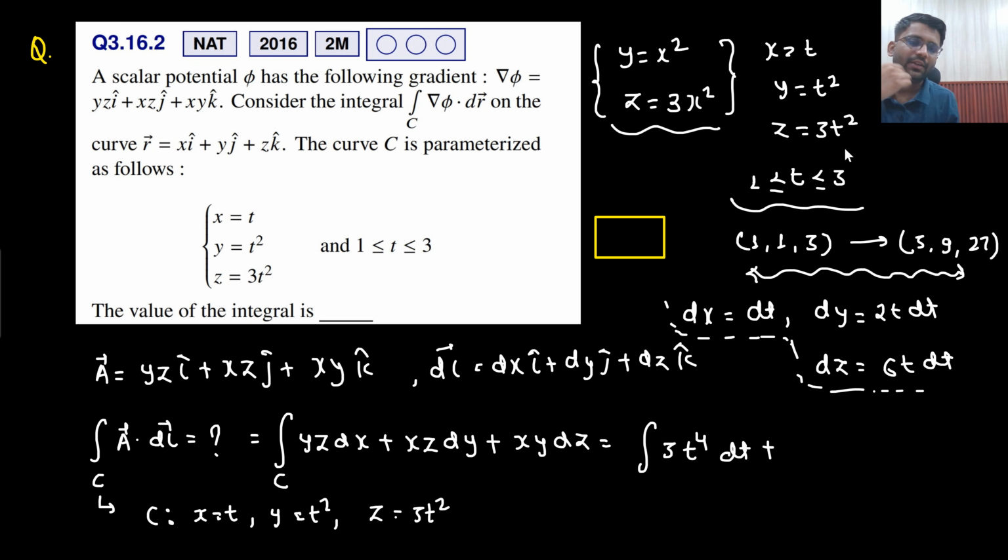Plus x into z, which is 3t to the power 3, multiplied with dy, and dy is 2t dt. Plus xy, which is t cube, multiplied with dz, and dz is 6t dt.